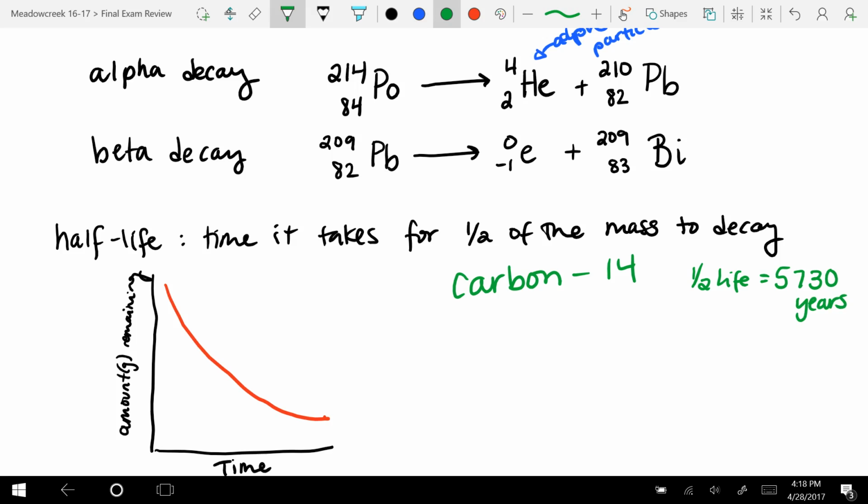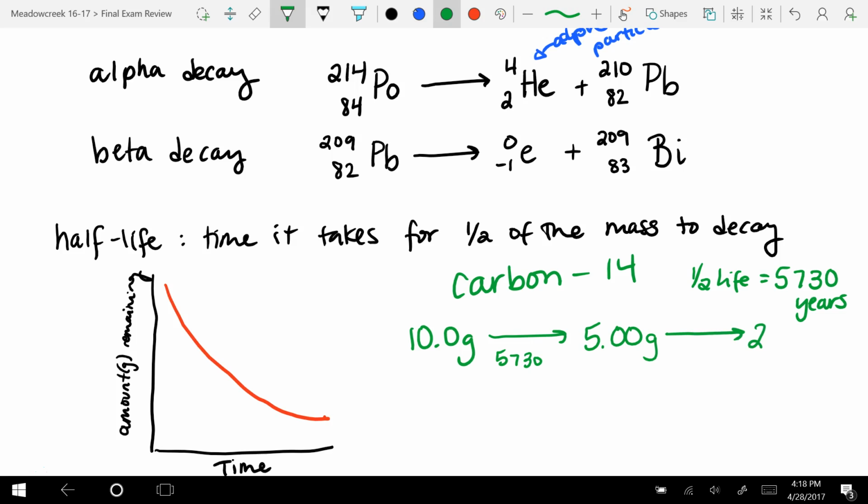That's how long it takes for one half of carbon 14 to decay. So if we start off with 10 grams, the time it takes to decay into only having 5 grams would be 5,730 years.